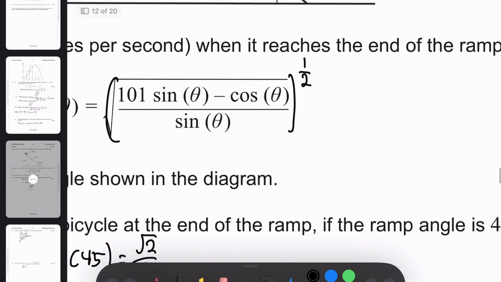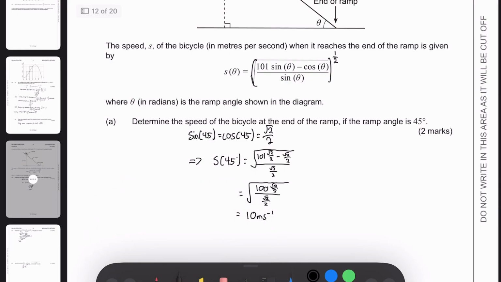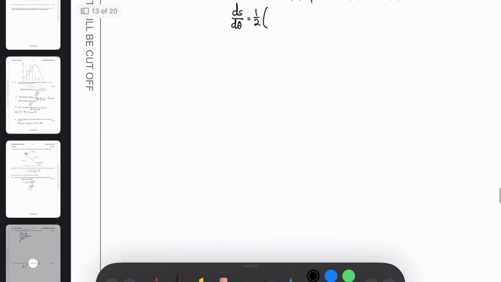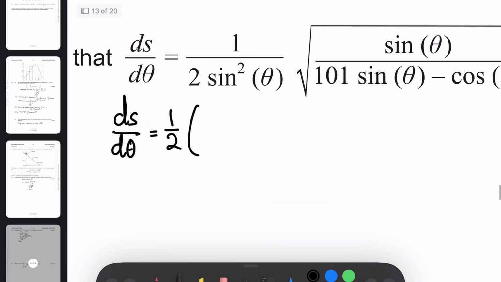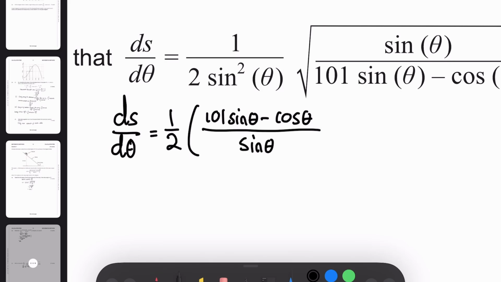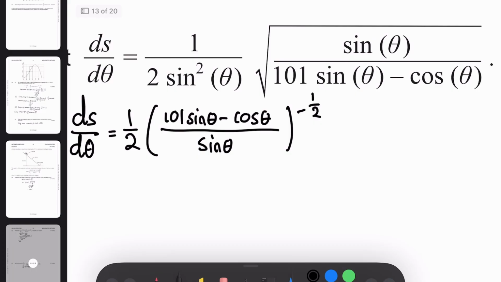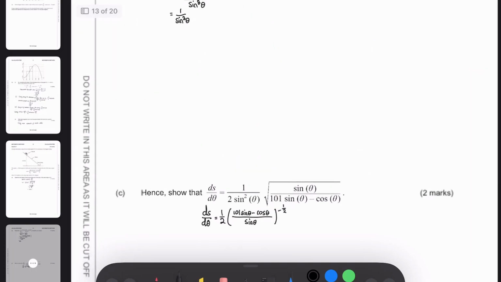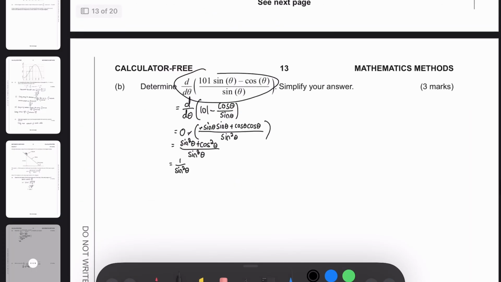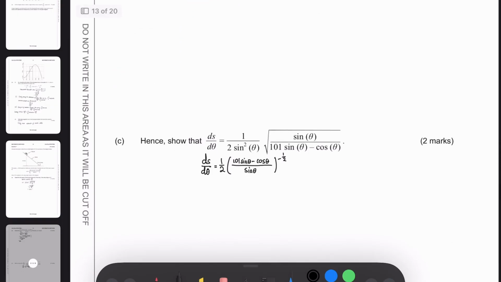Remember, we take away 1, put it to the outside. So it's going to be 101 sine of theta minus cosine of theta all on sine of theta to the negative half times, because we have to use our chain rule here, and we already know that from b, the derivative of the inside is going to be 1 on sine squared of theta.